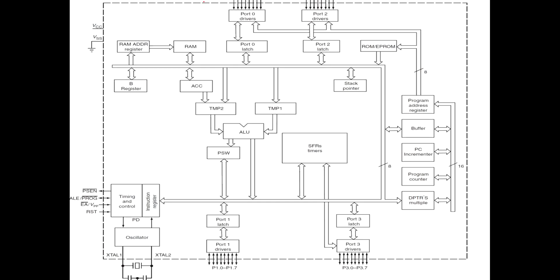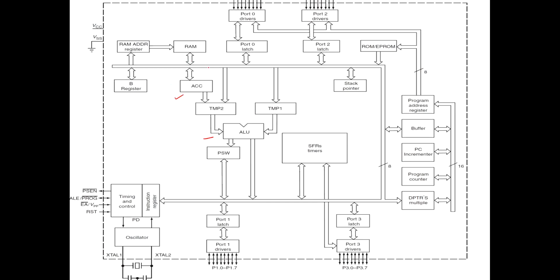We'll see the functionality of all the blocks one by one. The main CPU consists of the accumulator, the temporary registers TMP1 and TMP2, and the ALU.